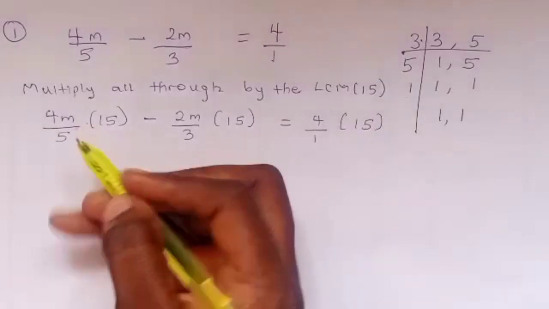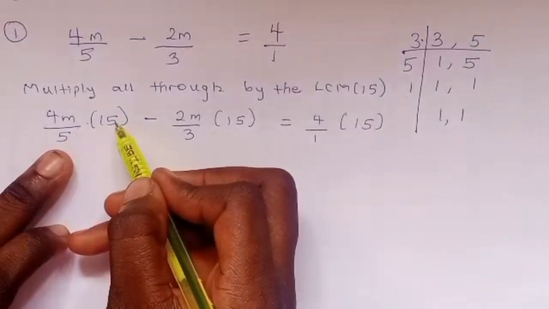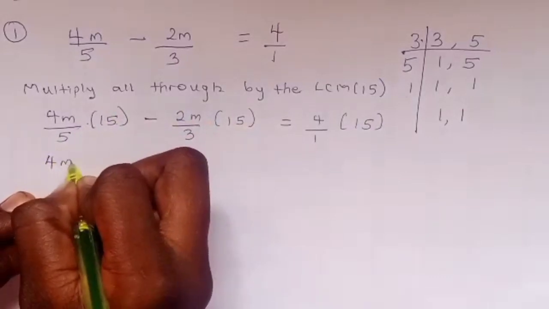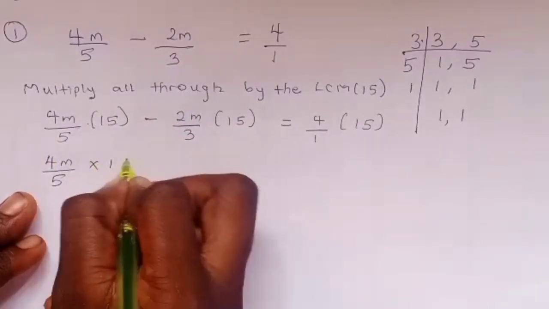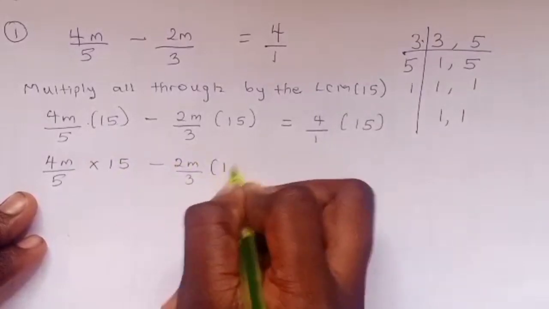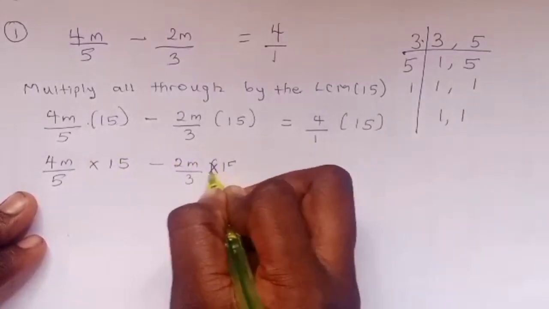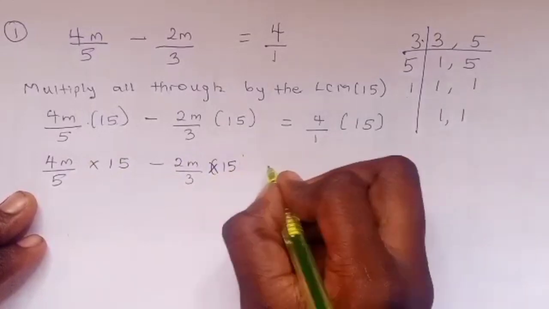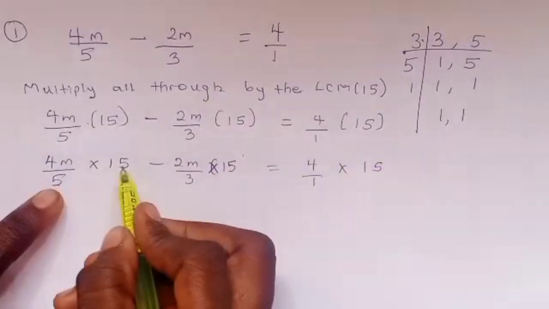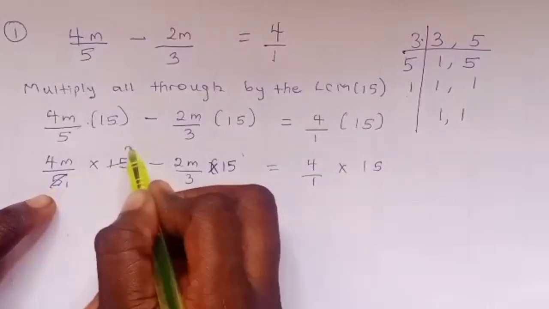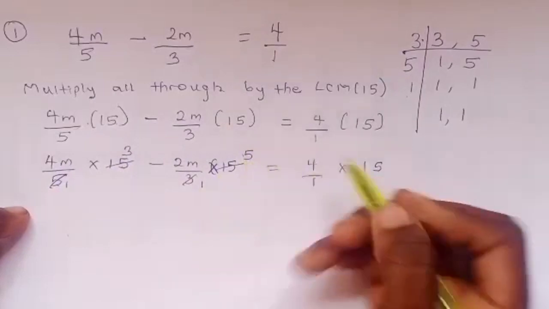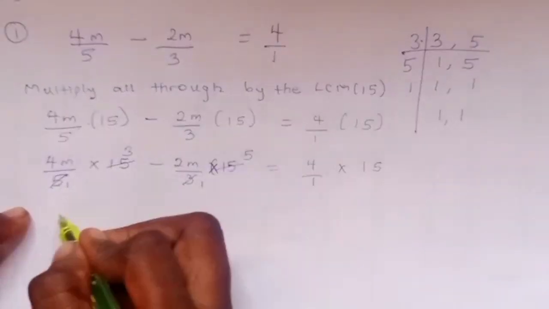Now, 5 in 15 is what? You know this is also multiplication, but to make it easier, let me write it out. 5 can go in 15 how many times? 3 times. 3 can go in 15 how many times? 5 times.